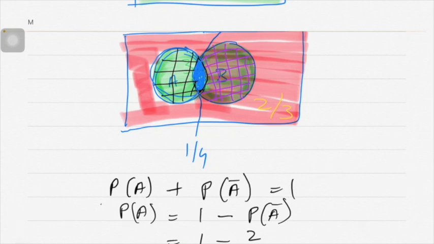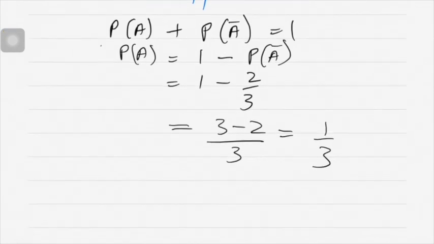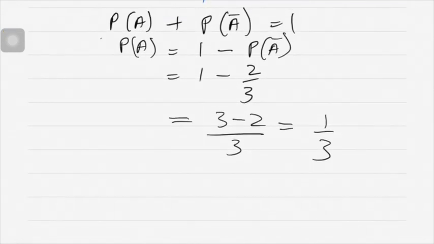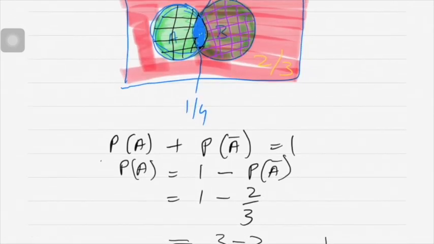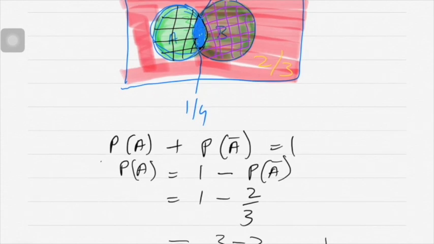And we are supposed to find the purple area where green and red are intersecting, the B area which is not A. That area we are supposed to find.